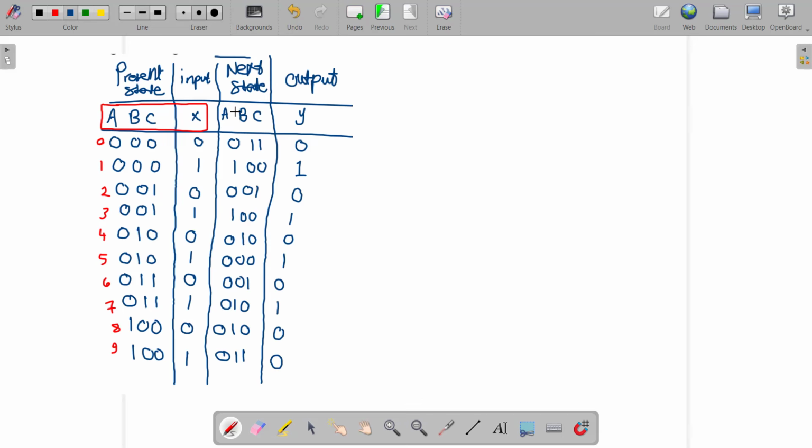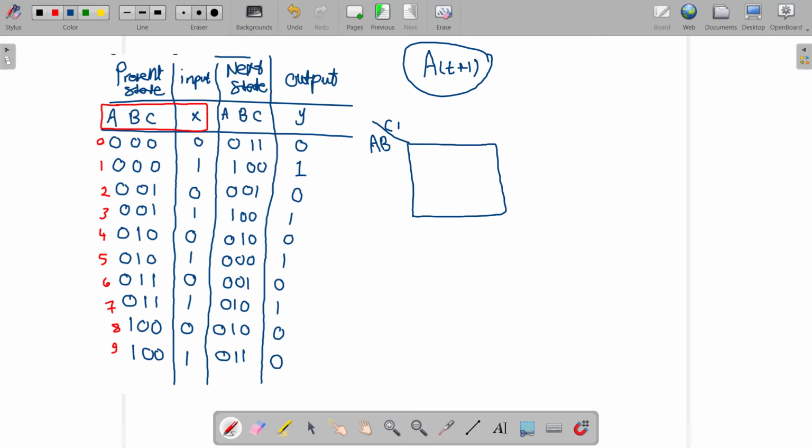Okay, so for the A(t+1), first of all, start with the A(t+1). I use the Karnaugh map in this form. AB, CX.